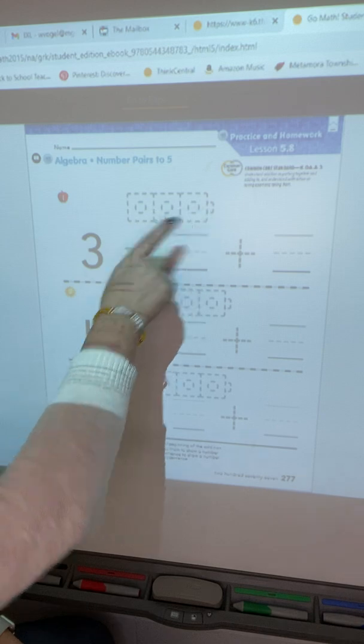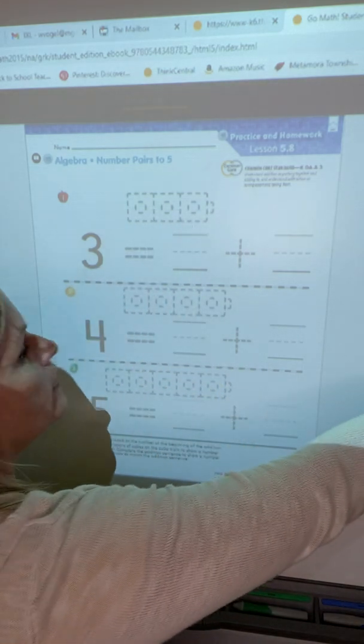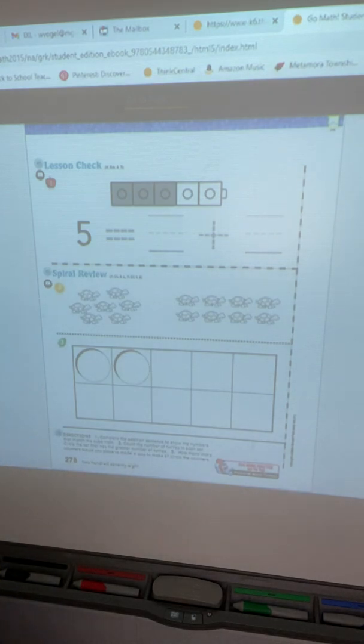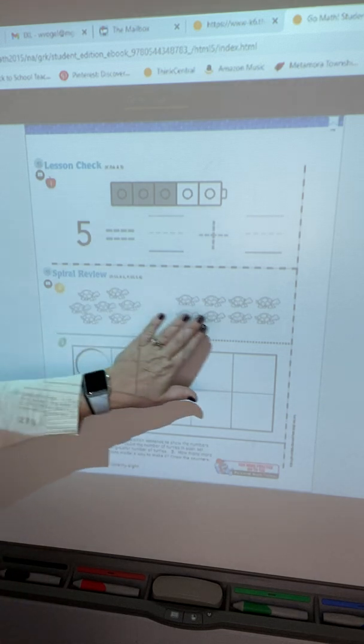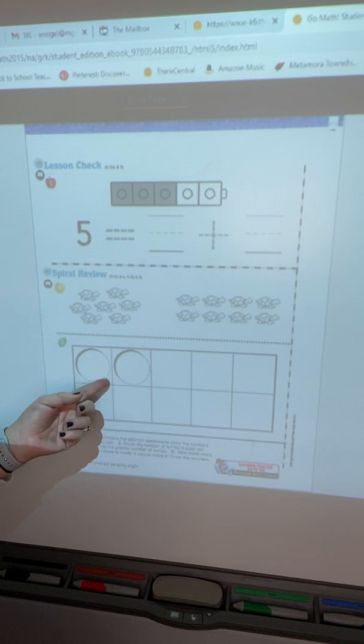And you could color the cubes 2 different colors in order to come up with the number pair that will equal that. And a little bit more practice on the back. Just a reminder, ask a parent to help you because you won't know what to do here. You're going to have to do some comparing and they'll have to help you tell you what they want you to circle as well as what we're going to add to this 10 frame down at the bottom.